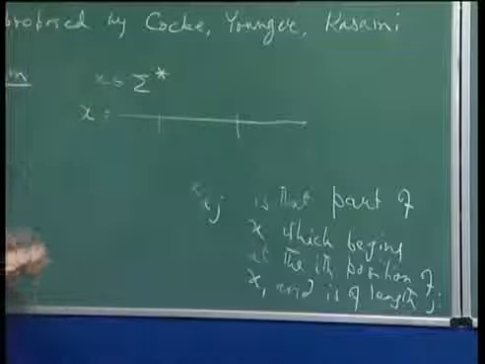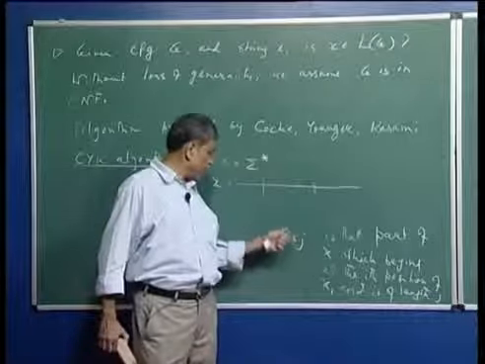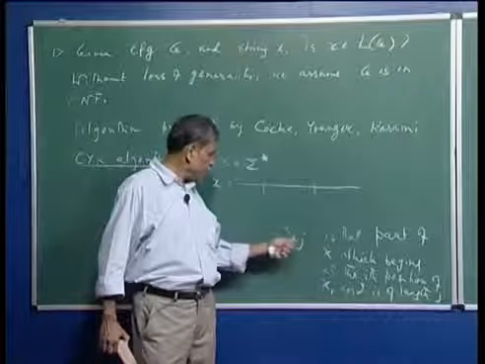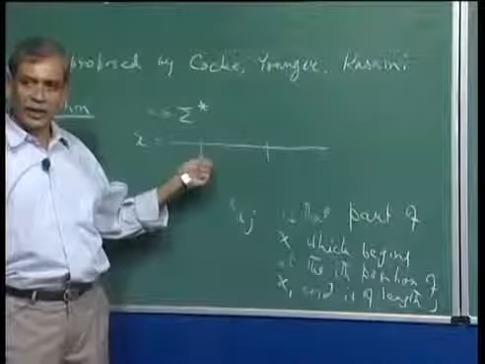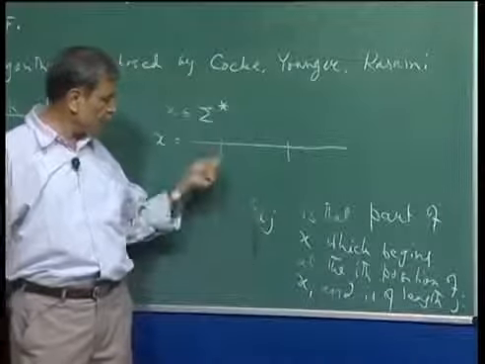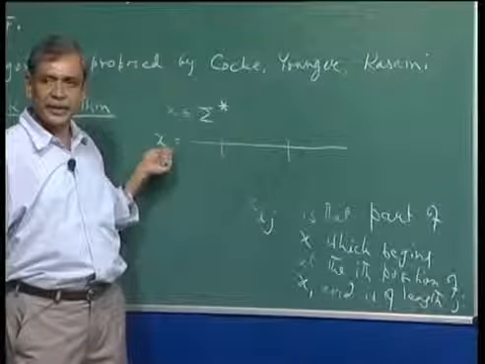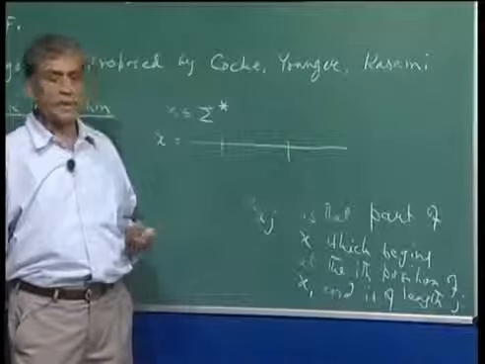So Xij is that substring of X, in fact the unique substring of X, which starts at the ith position of the string X and is of length j.